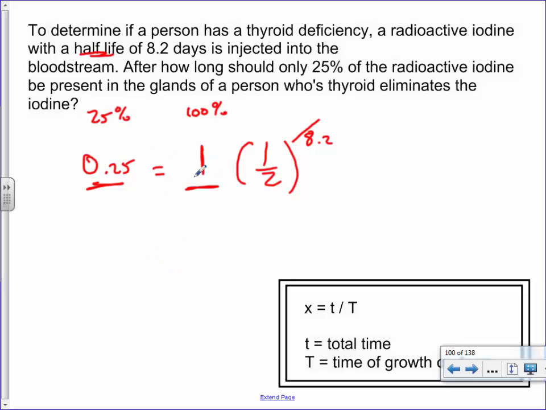You could have put the numbers 100 and 25 here, or you could put the numbers 1 and 0.25 here. So this is what you start with, and this is what you finish with. And what we do not know is how long, the T on the top right here. We don't know how long it's going to take to get to that point.